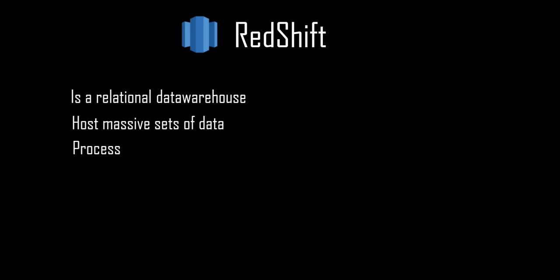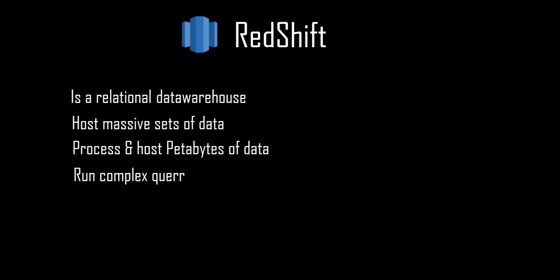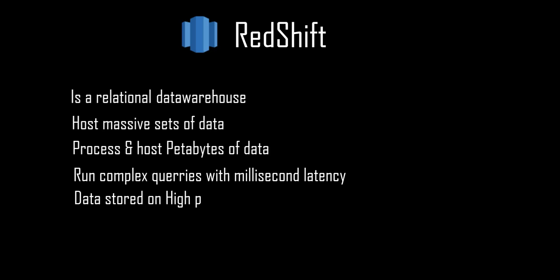So you would use Redshift to process and host petabytes of data, and if you're working with applications that have business engines running on business intelligence platforms on AWS, you would use AWS Redshift. With this, you can run complex queries against massive, large sets of structured data. It is possible to do that because the data behind the scenes is stored on high performance disks, and that is why you can run extremely large queries in parallel without impacting the performance.